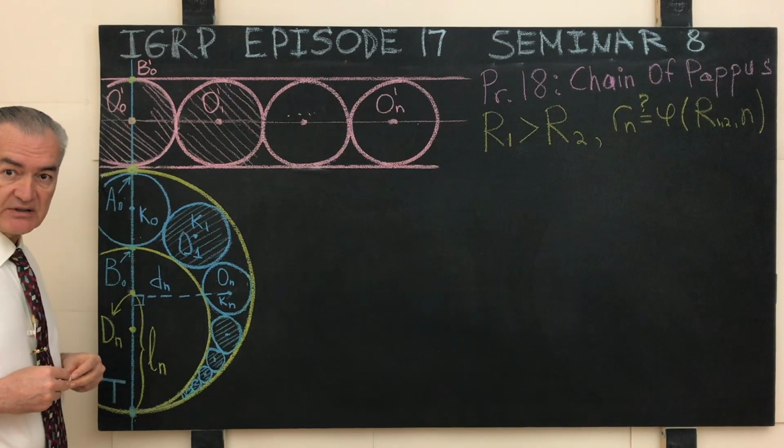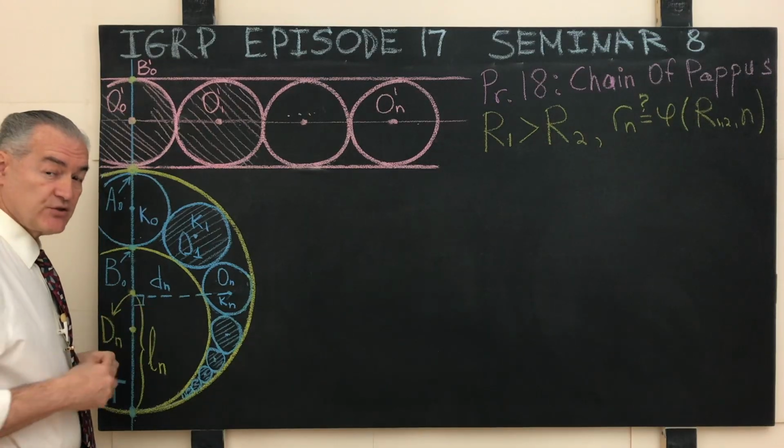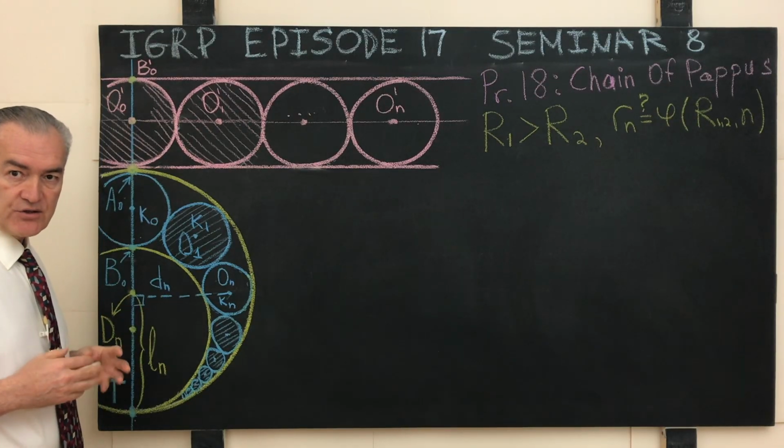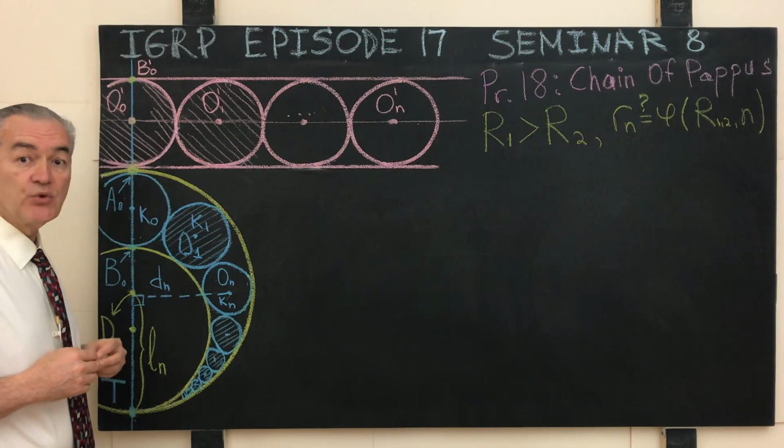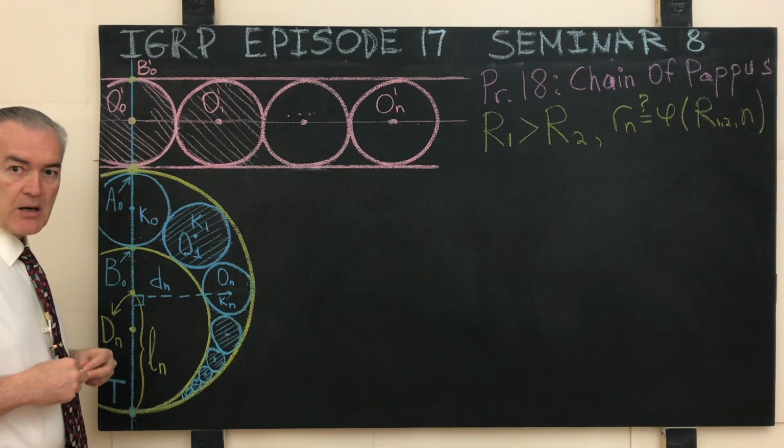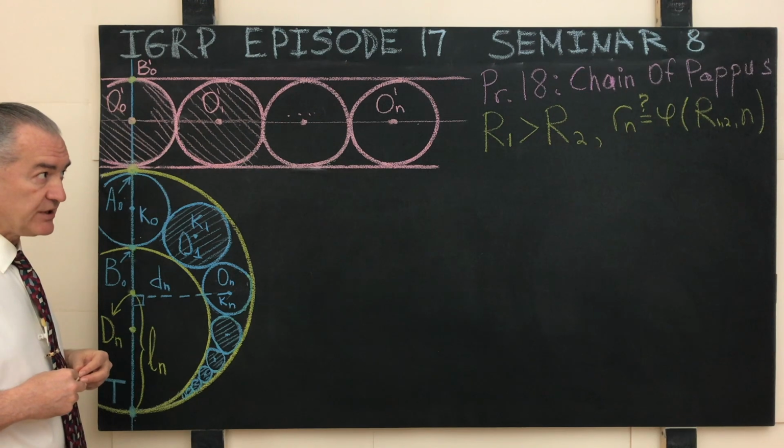His proof apparently ran for several pages. It was quite lengthy. It used nothing but the machinery of what we now refer to as elementary plain Euclidean geometry.